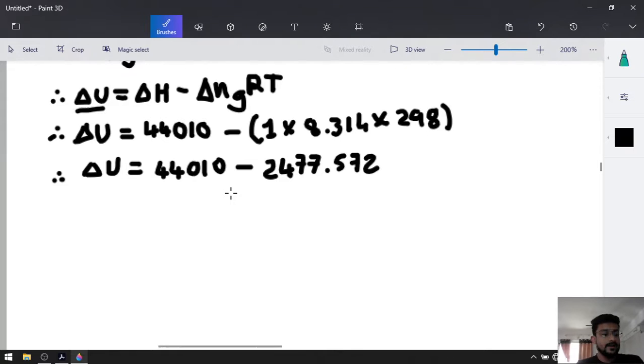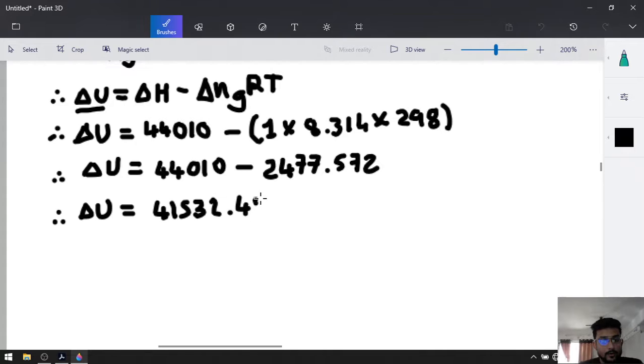If we subtract that from 44,010, we will get our answer, which is 41,532.428 joule per mole.